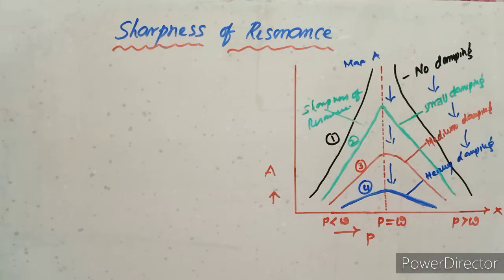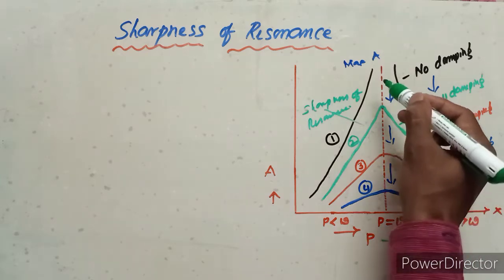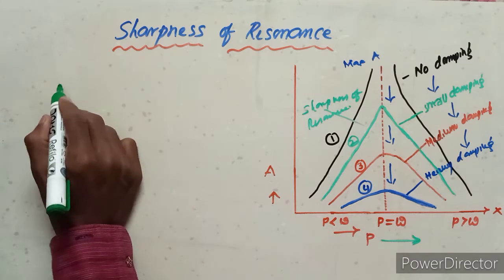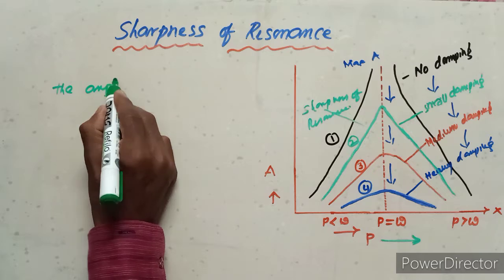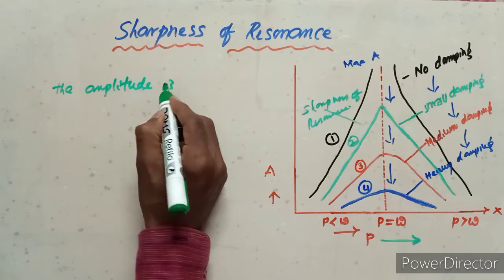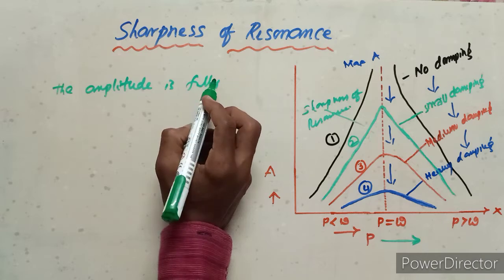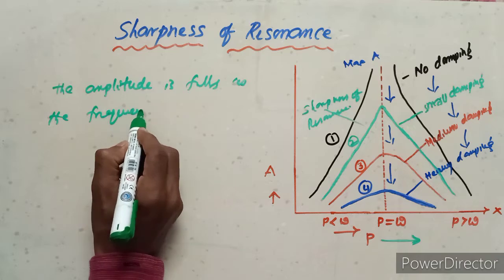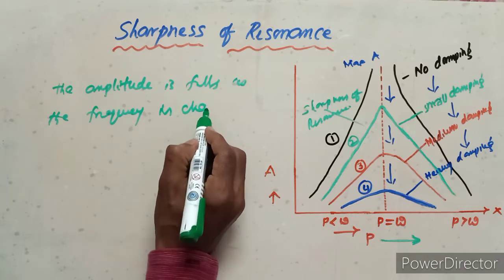Okay. So first of all, when the frequency changes, the amplitude starts to fall. The amplitude falls as the frequency is changed.